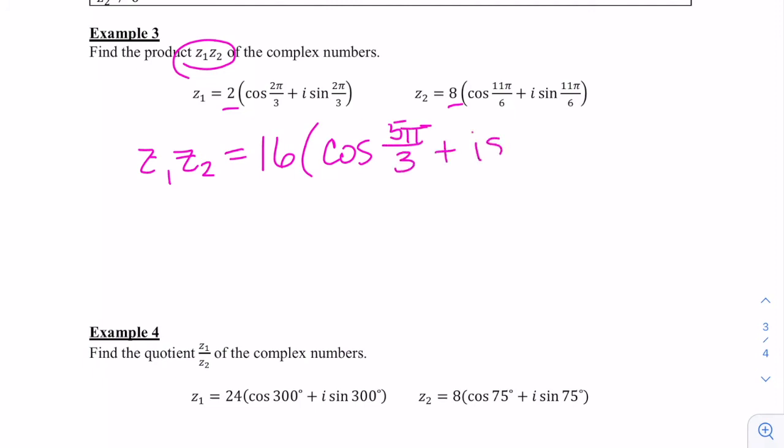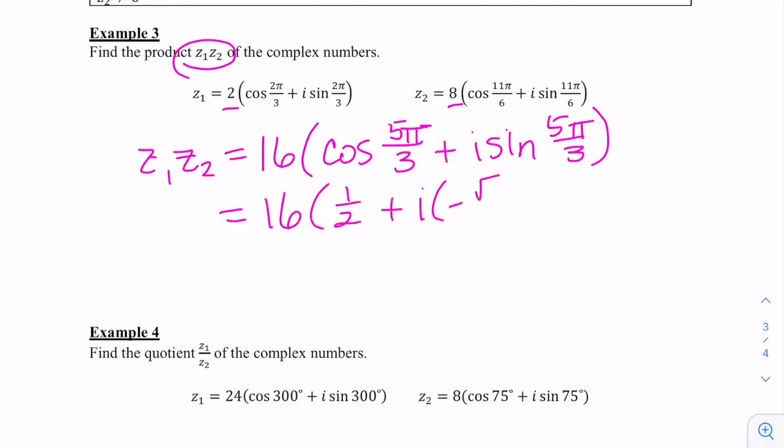And then i times sine of 5 pi over 3, the same angle, and that's the angle we just did in the last problem. So we know that's going to be 16 times 1 half plus i times negative root 3 over 2. And then we have 8 minus 8 root 3 i.